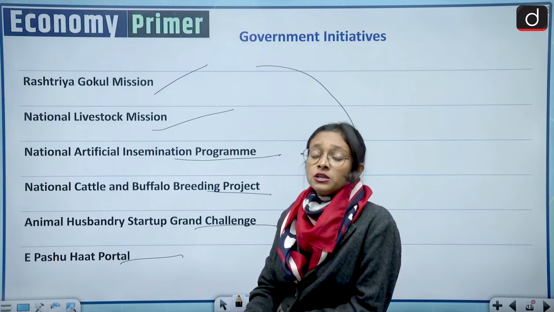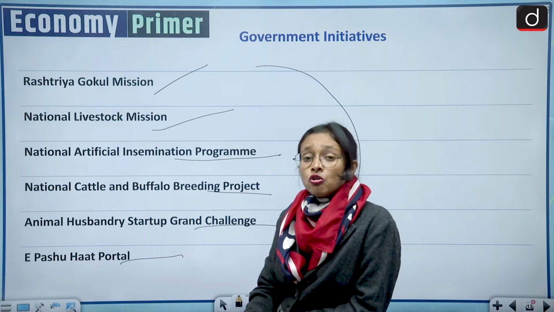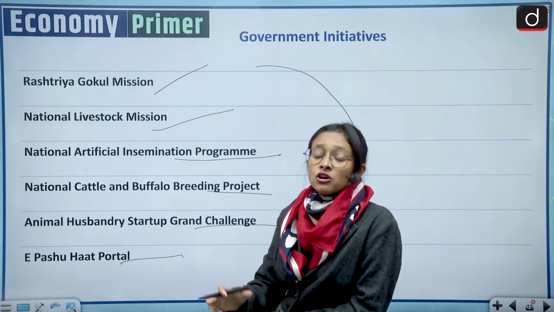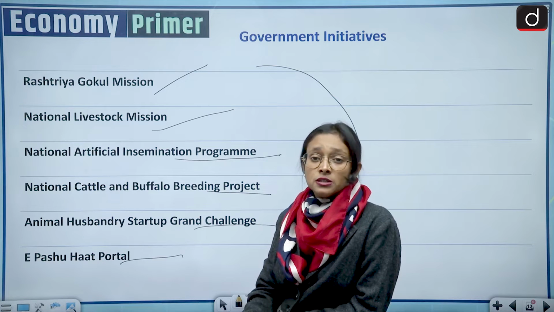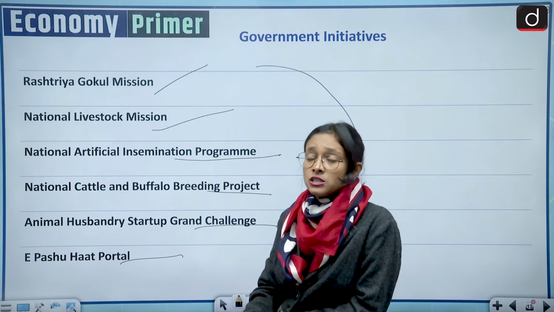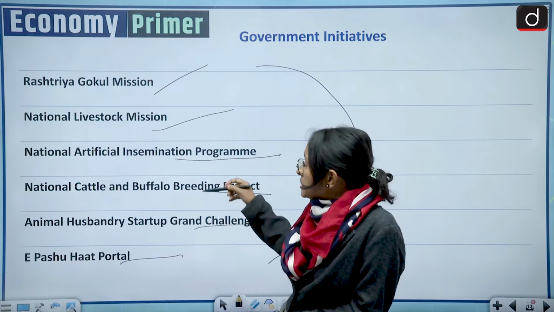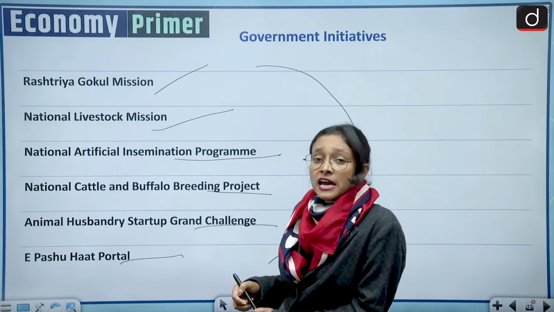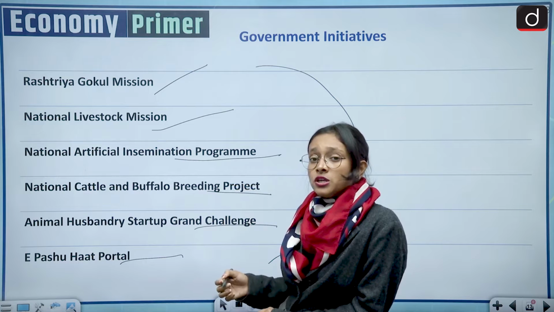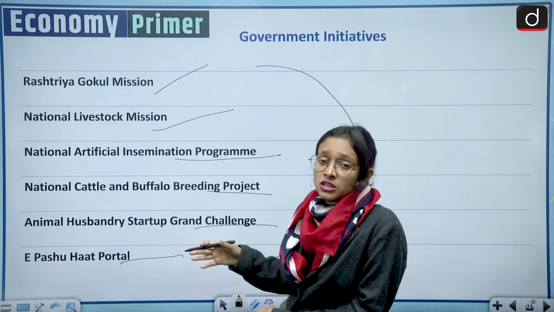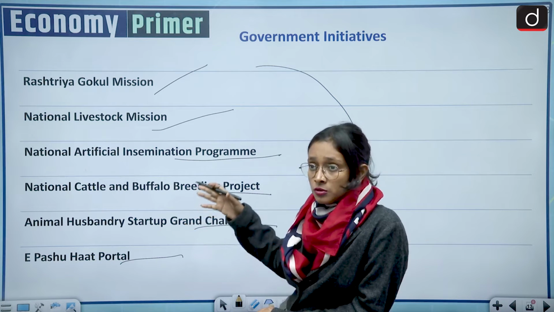The government is also supporting the local breeds available in this country, so that there will be more production of leather, eggs, and different kinds of products. But we have seen that most of these schemes are related to cattle and buffalo, and we also have to be careful about poultry and other areas associated with animal stock.